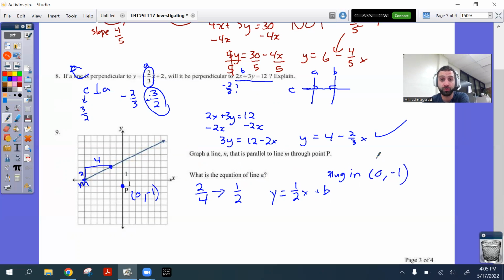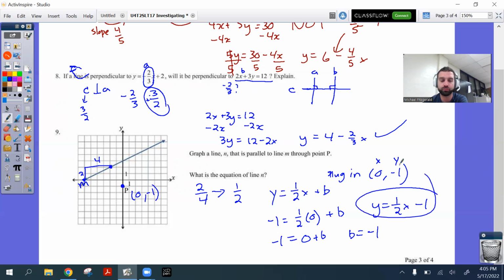So that's an xy point, right? So I'm going to say -1 is equal to 1/2 times 0 plus b. Well, 1/2 times 0 is 0, right? -1 is equal to 0 plus b. B is equal to -1. So y is equal to 1/2 x minus 1.